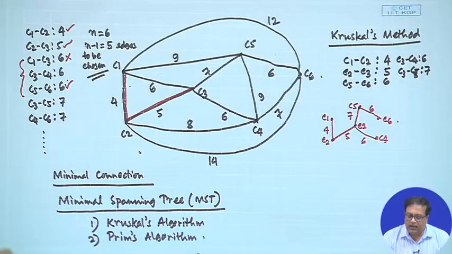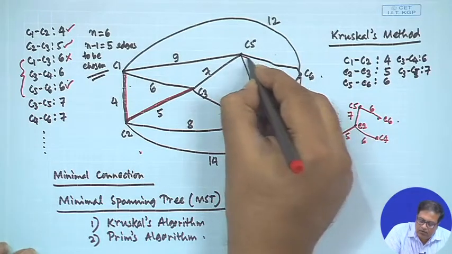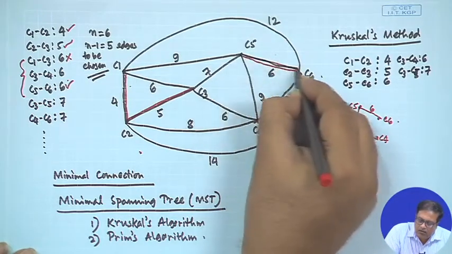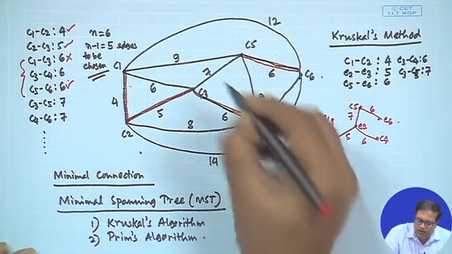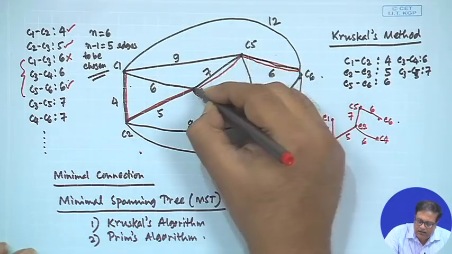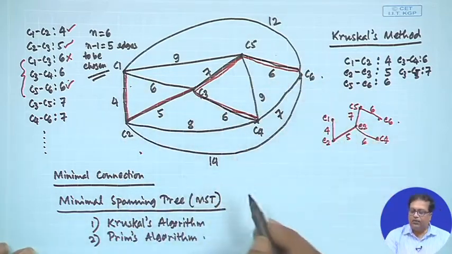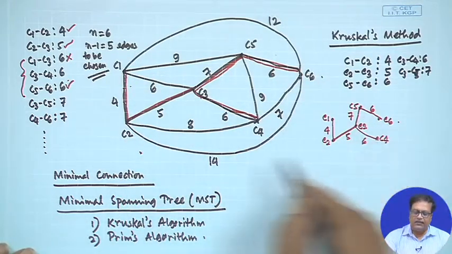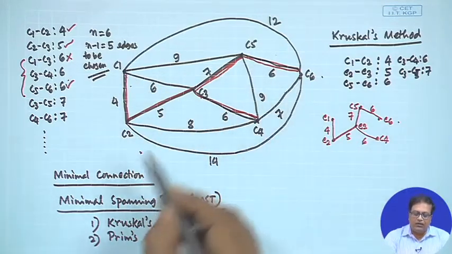So if we choose like this, then we have this particular graph, and look here, we have got what is known as a spanning tree. Can you see that? We have a spanning tree because we have already got 5 edges and all the 6 cities are connected minimally. And what is the total distance?